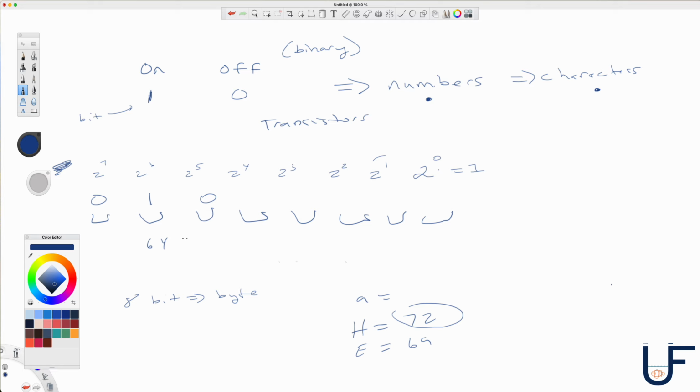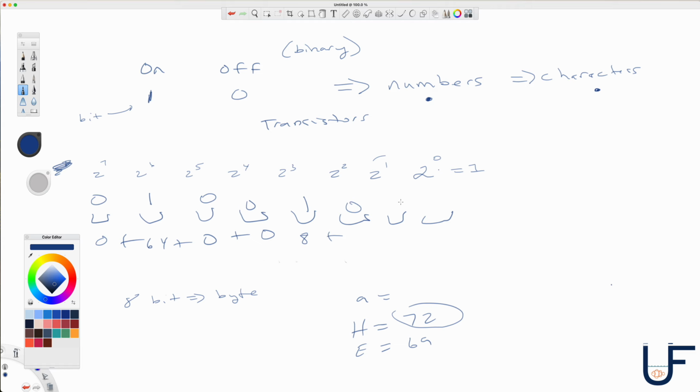64 plus, so let's just do it here. Do I want 64 plus 2 to the power of 4, which is 16? That also is going to be too big of a number, so I don't want that either, right? 64 plus 8, that is 72. So I want that. So I'm going to set that to on. Sorry, I forgot to set that to off. I'm going to set that to on, so that's 8.